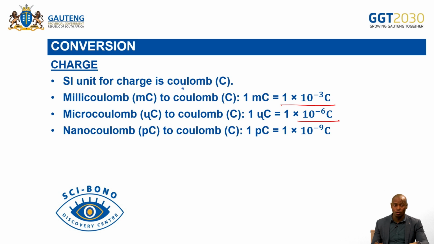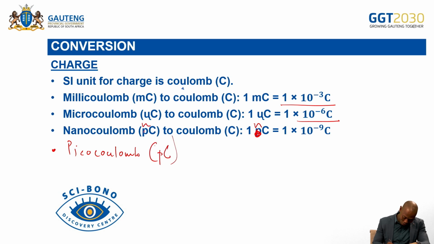From nanocoulombs to coulombs, you multiply by 10 to the power negative 9. There is also pico. Let's not forget picocoulombs, which is pC, to coulombs.